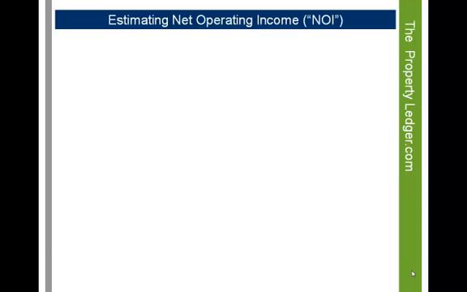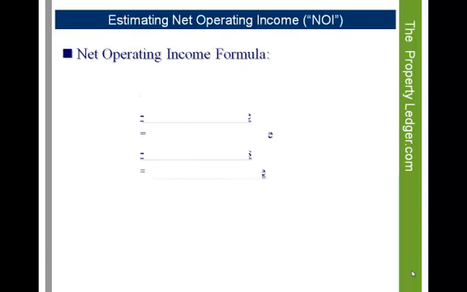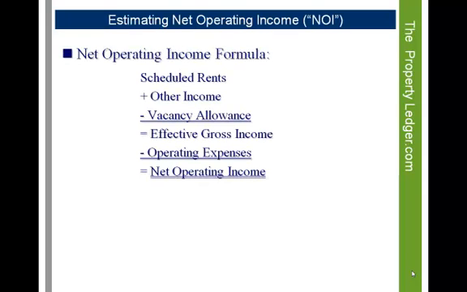Well, let's just jump right into today's subject by taking a look at what the formula is for estimating net operating income, or NOI. And as you see before you is the formula, which is nothing more than our formula for effective gross income, which is scheduled rents plus other income less our vacancy allowance.